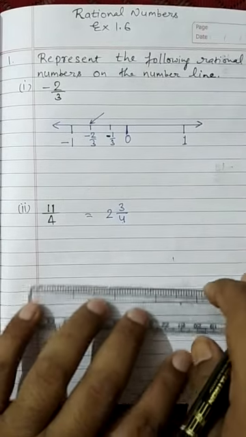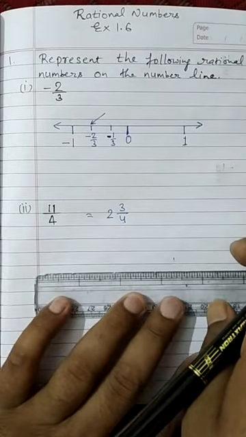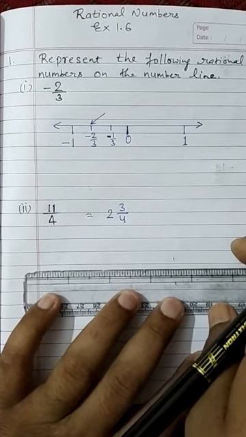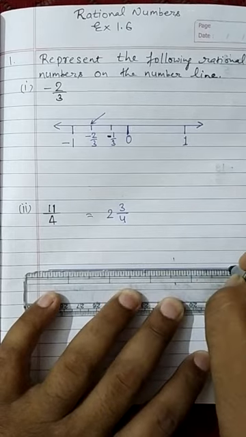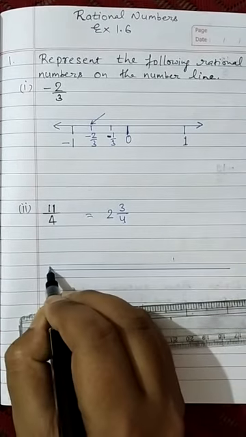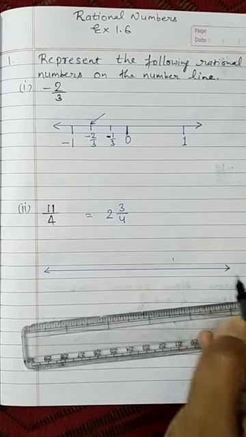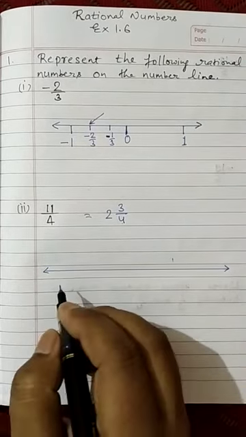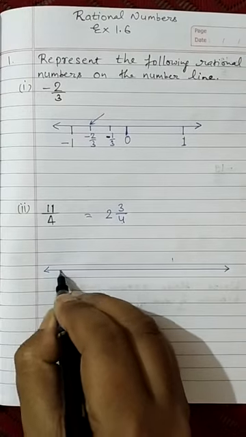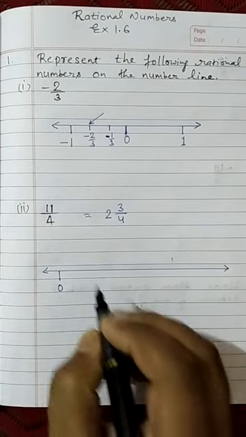So let us make first a number line. So we need not to represent here the negative sides. So we'll start with 0.